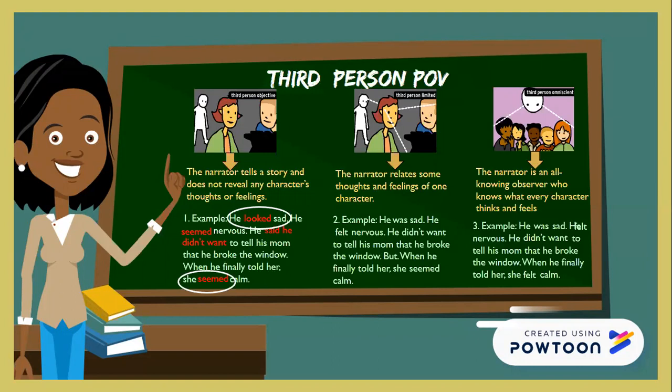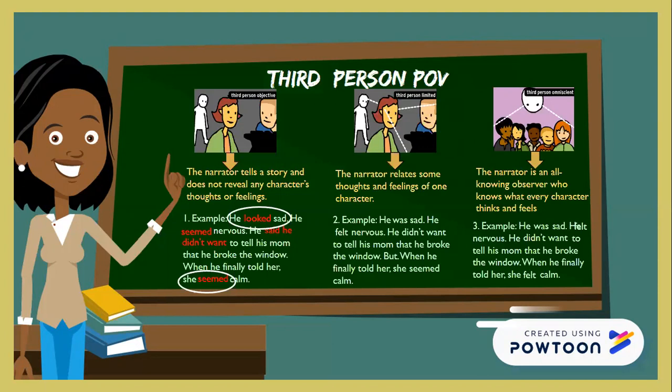Okay, the second one, third person limited. For third person limited, let me read it first. The narrator relates some thoughts and feelings of one of the characters. That means that the narrator knows the thoughts and feelings for at least one of the characters in the story. Number two, the example in number two. He was sad. He felt nervous.